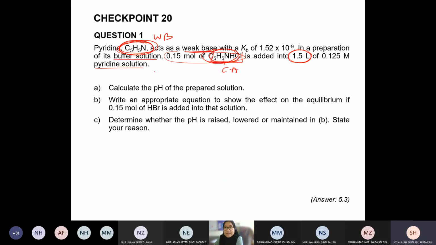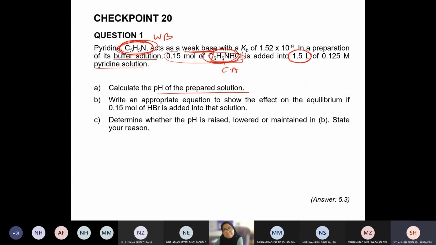Ada soalan yang you tak tahu pun, you sebenarnya kena buat buffer. Soalan-soalan yang macam tu agak tricky. So you have to determine on your own whether this is a buffer or a salt or a weak base. Tapi soalan makin lama makin senang, banyak hint yang diberikan sekarang. So it will be easier for you to identify whether this is buffer or not.